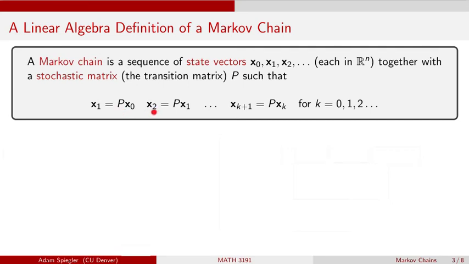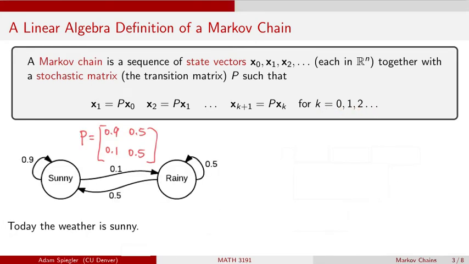In general, if I want to figure out the state of the system at time k plus 1, I take the state of the system at time k and multiply it by this matrix P, where we're thinking of k as 0, 1, 2, 3, non-negative integers.